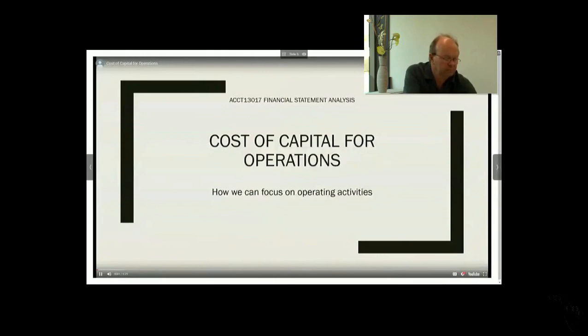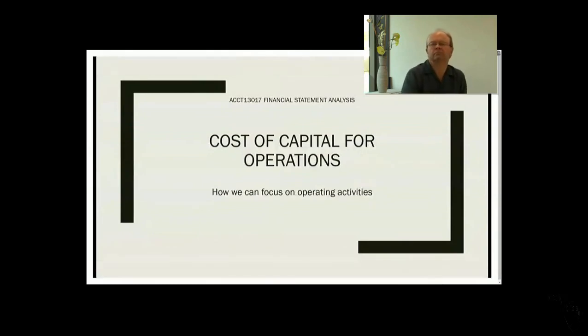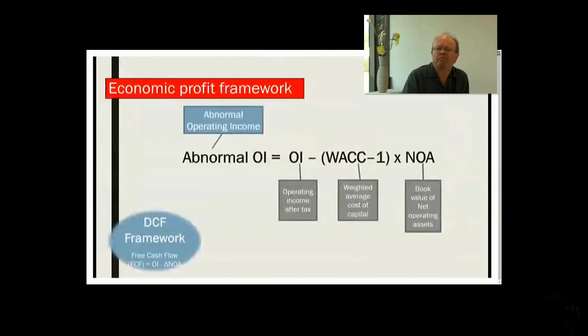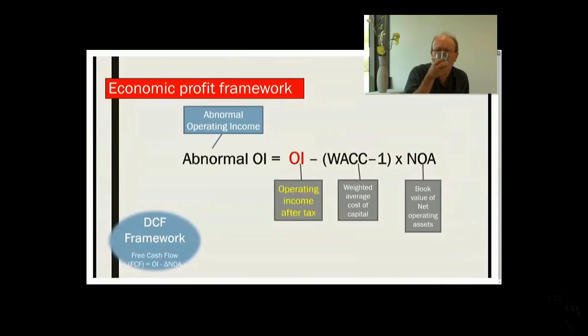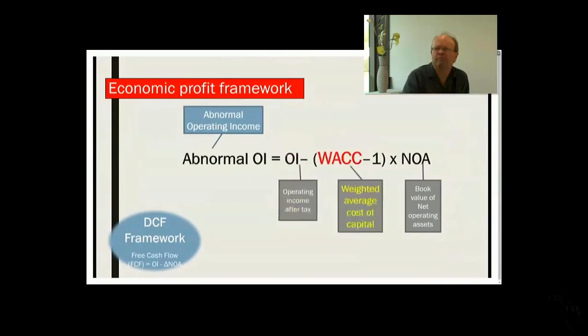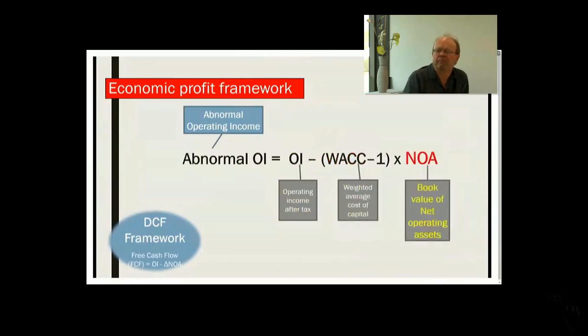The cost of capital is one of the drivers of abnormal operating income in the economic profit framework. Have you wondered what really drives the weighted average cost of capital? In this video, we look at how we include risk, the cost of capital, as one of the drivers of economic profit. We know that abnormal operating income equals the difference between a firm's operating income after tax and its weighted average cost of capital times its net operating assets.